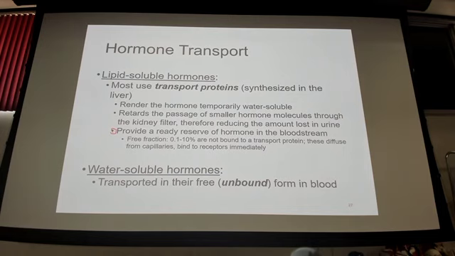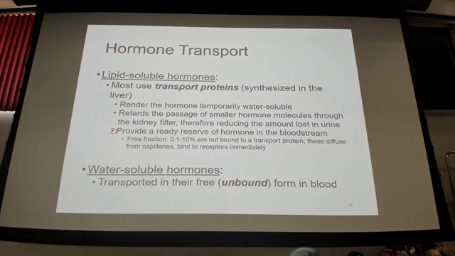So, another thing that binding globulins do is help maintain a sort of reserve of that steroid in the bloodstream. So if it needs more, it can be activated fairly quickly rather than having to be recreated. It also helps keep it in the kidney, because what do we say about albumin going through the kidney?